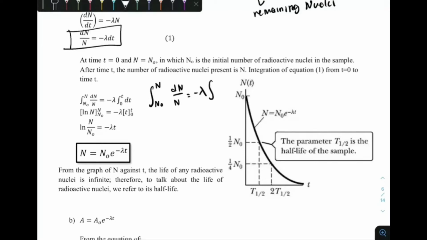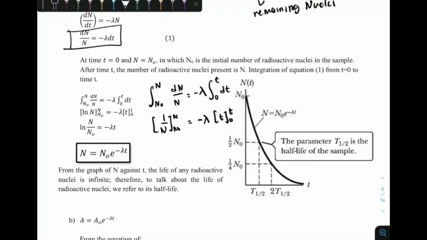You're going to integrate belah kanan pula with respect to time, from t is equal to 0 to t is equal to a respective time dekat sini lah. And then when you integrate dekat sini, integrate with respect to dn dekat sini, kamu akan dapat 1 over n from n naught to n. Kita tak ada nilai, kita ada 1 dekat sini. So when you integrate 1 with respect to dt, kamu akan dapat t from 0 to t.